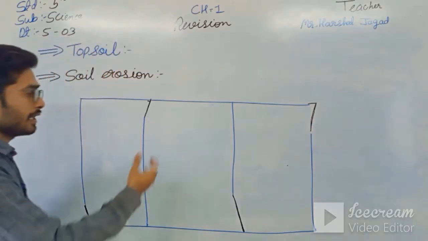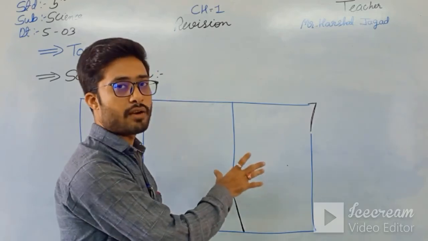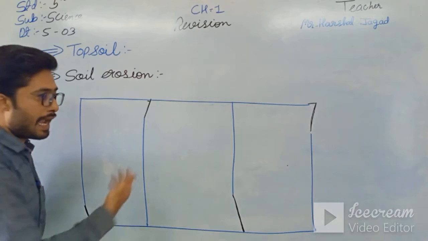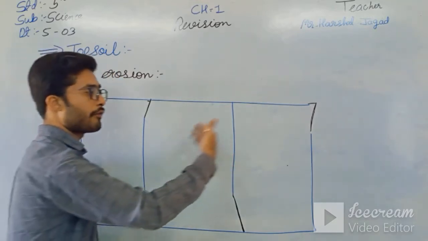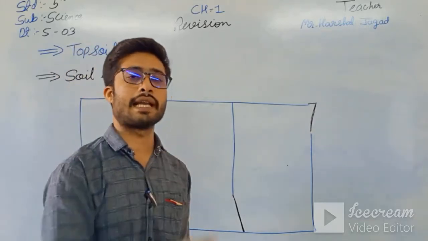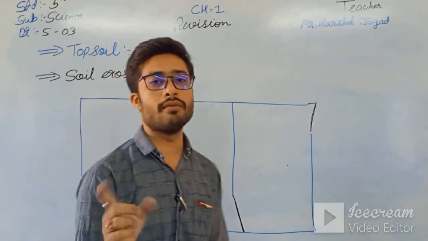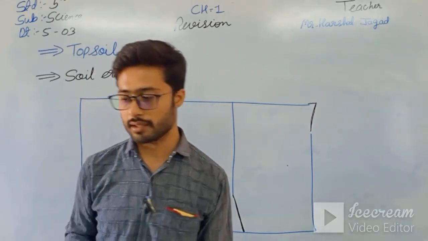When these two paddocks' grass is eaten up, the first one has grown, and when this and this are eaten, then this one is grown, and then this. So this is a cycle. The cycle will remain, so the soil will not be eroded. Okay, students, moving further.